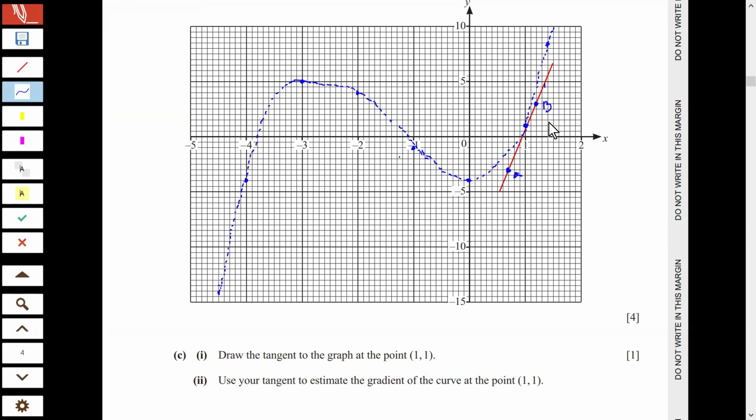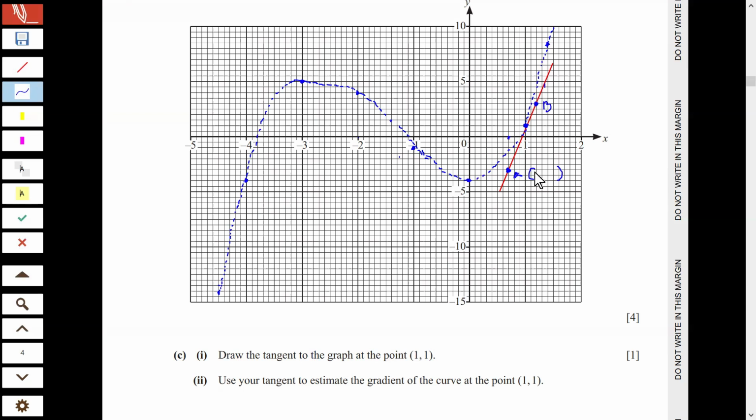So we should get the coordinates of point A. On the x-axis, we count 0, 0.1, 0.2, 0.3, 0.4, 0.5, 0.6, 0.7.